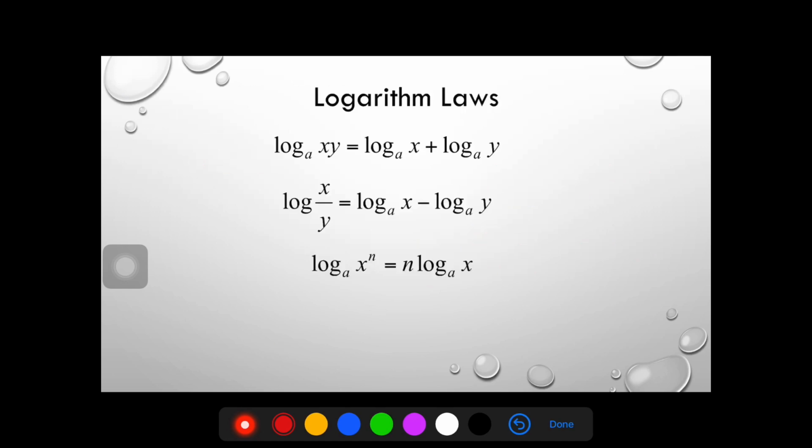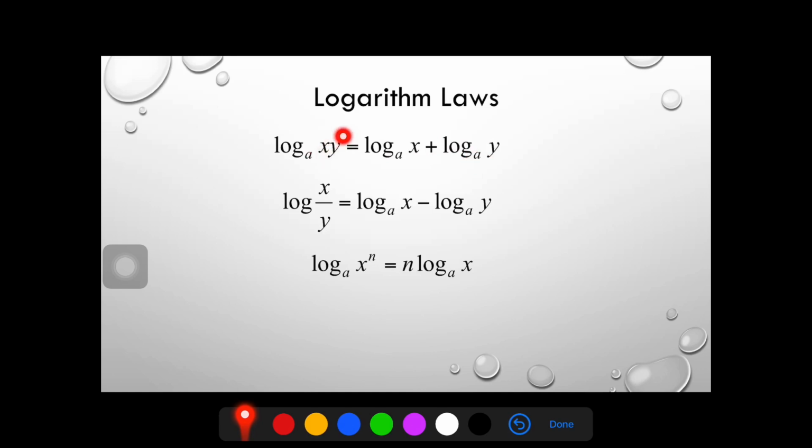Next, the logarithm laws. There are only 3. The first one, base a is just a representative of the log base. Sometimes it will be log 10, log b, log y, anything. Log a of xy, the multiplication of x and y, equals to log base a x plus log base a y.